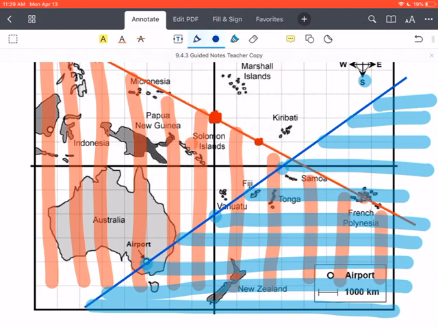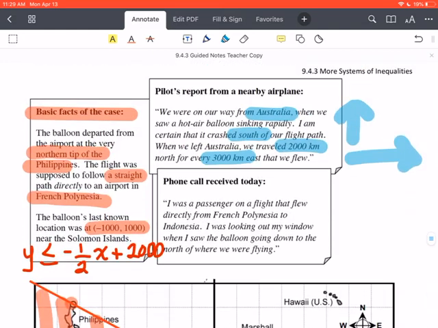So our y-intercept is below the x-axis. It's negative 2 boxes, which means negative 2,000 kilometers. And they gave us the slope of saying up 2,000 over 3,000, which is going to reduce to 2 over 3. Cancel those zeros out.